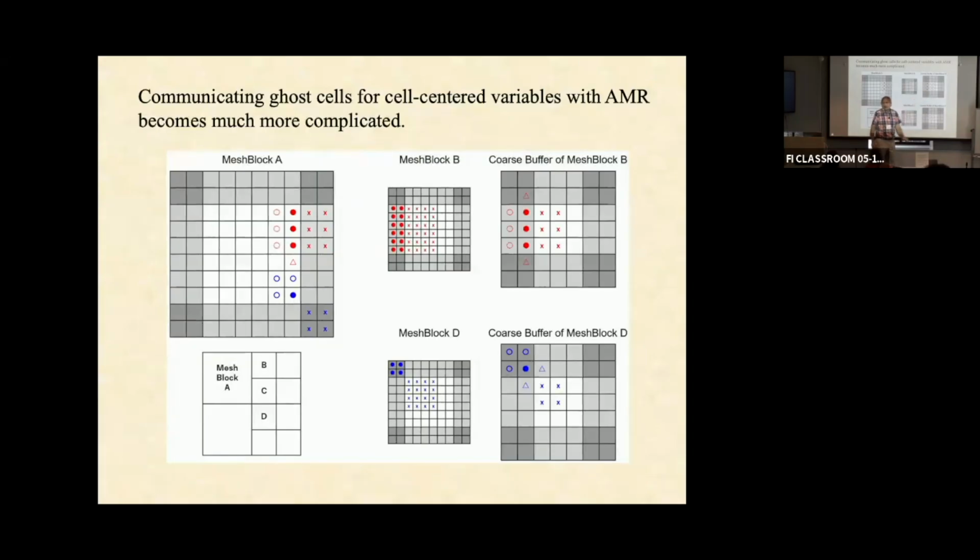In other words, your prolongation and restriction operations are only good to, say, second order. And there's no point in trying to prolongate a very large factor in spatial scales through some low order interpolation scheme. So you really never want to have a difference in refinement levels by more than a factor of 2 between levels.